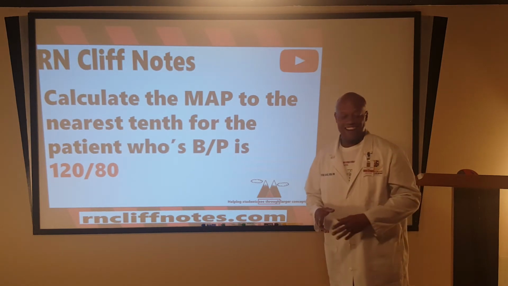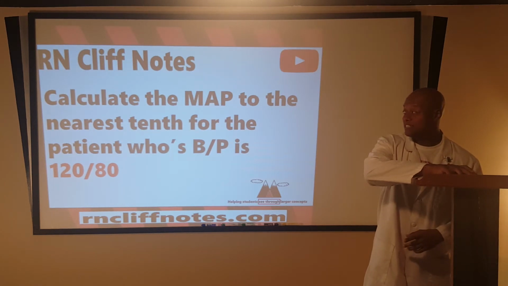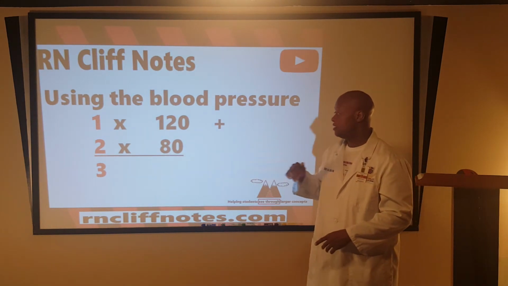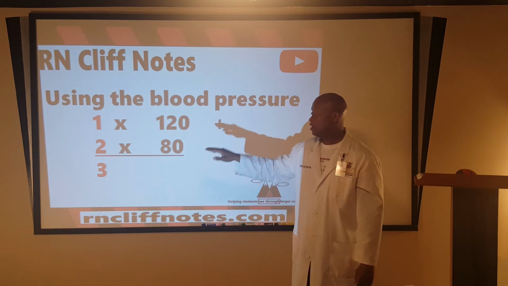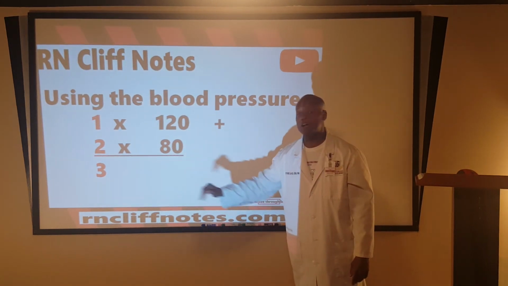Okay. And as we go through the steps, we should see something like this, right? Like we just said, 1 times the systolic plus 2 times the diastolic. And whatever we come up with, we're going to divide by 3.